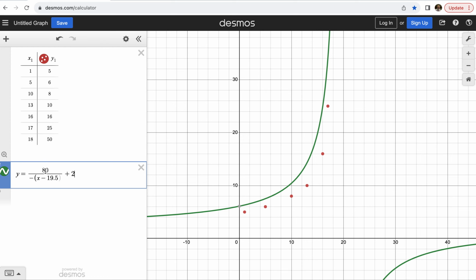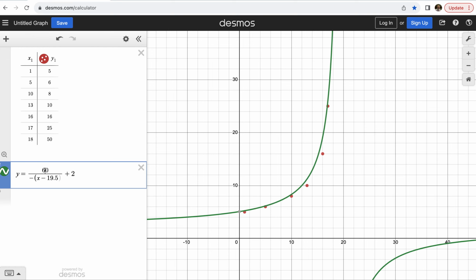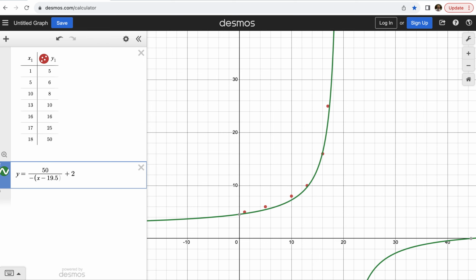It looks like I need to bend it sharper, so let's go to a smaller number here, 70. Getting better, maybe it's 60, maybe 50. Now I'm starting to get kind of close to them. Maybe go up a little bit more, 2.5.